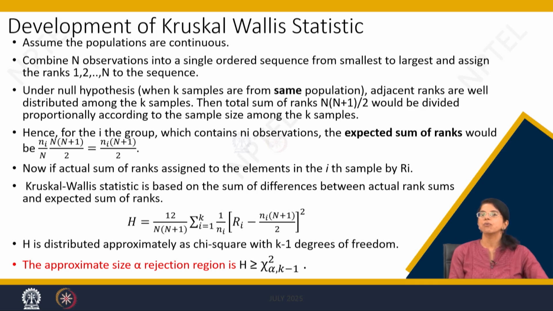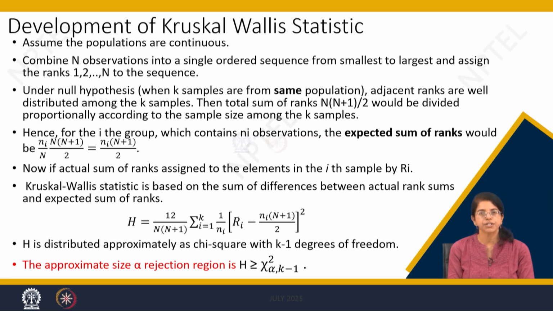Otherwise, one can go with just the summation of Ri minus ni into N plus 1 divided by 2, whole square, nothing wrong in it. But the 12 by N into N plus 1 as well as 1 by ni are multiplied so that H falls into a known distribution, which is chi square. Clear?